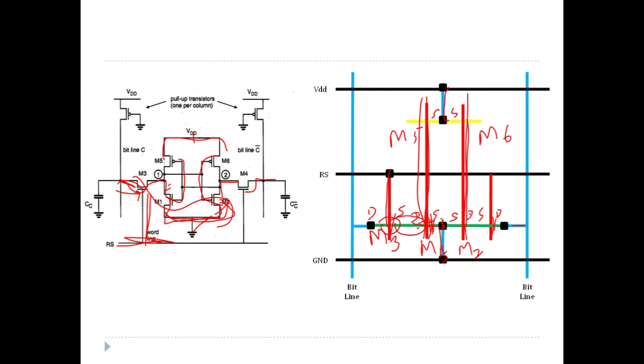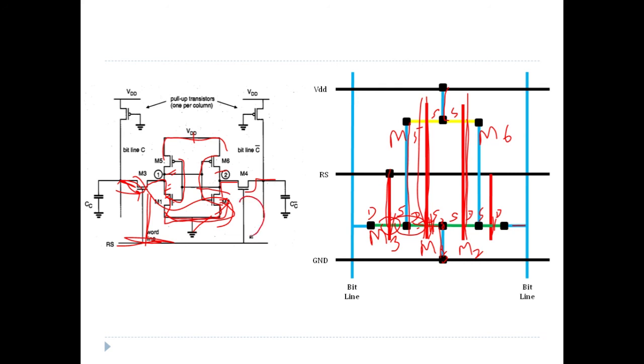Okay, now the next thing you can see, drain of M5 is connected to drain of M1. So this drain of M5 and M1 should be connected like this. So this is what the connection would look like, right? Similarly, drain of M6 is connected to drain of M2. So this would be the next connection, right? So this gives all the connections.